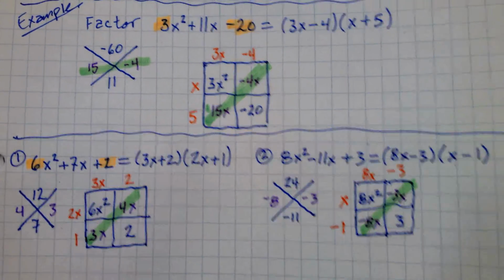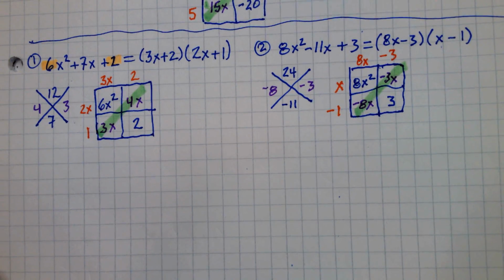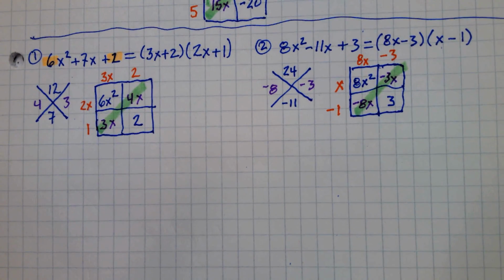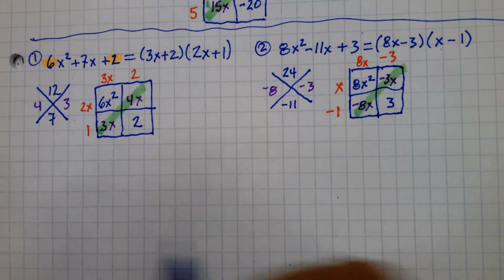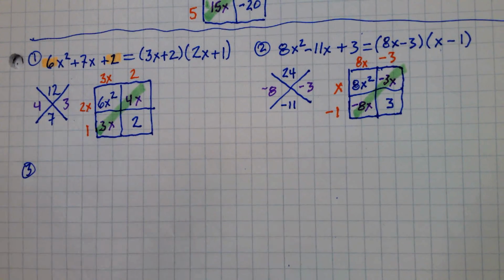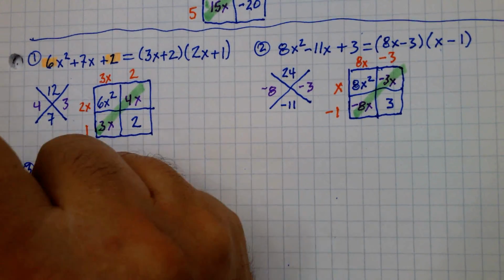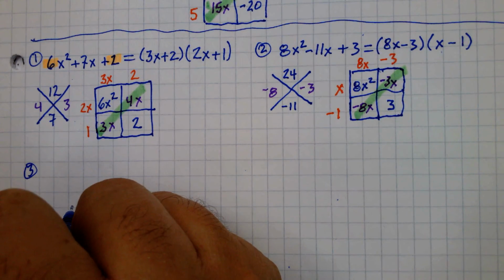Let's do 2 more. Next one's going to look a little different. So number 3. This one's not going to be a trinomial, first of all, but we'll figure out what it would look like as a trinomial.